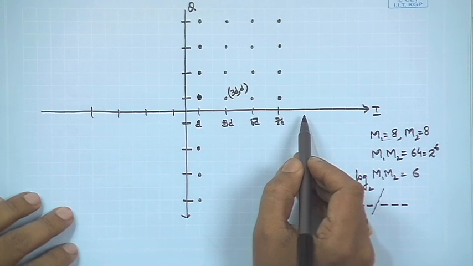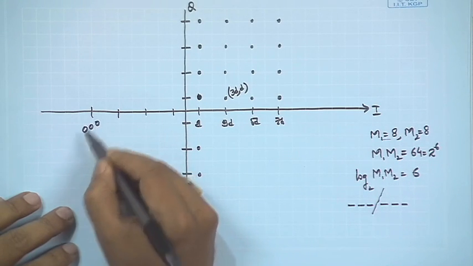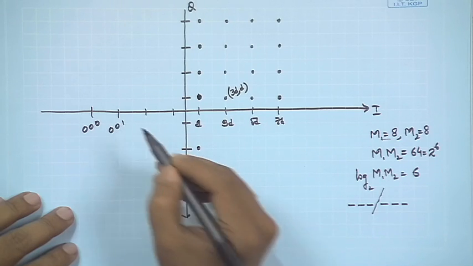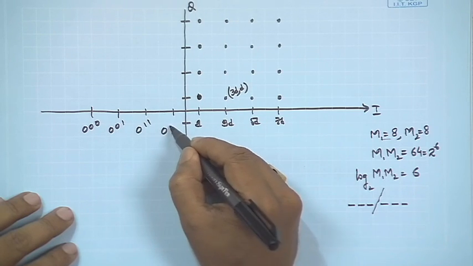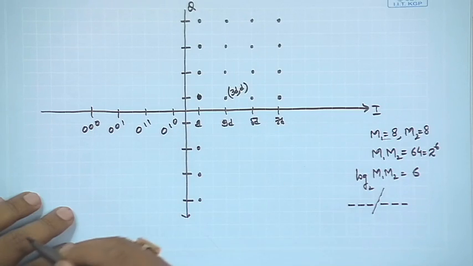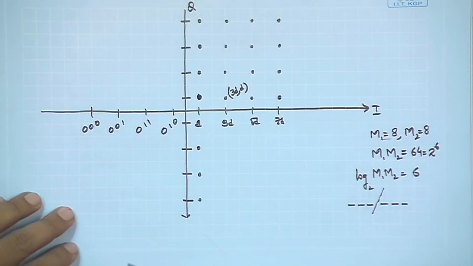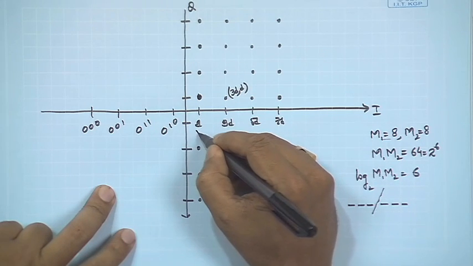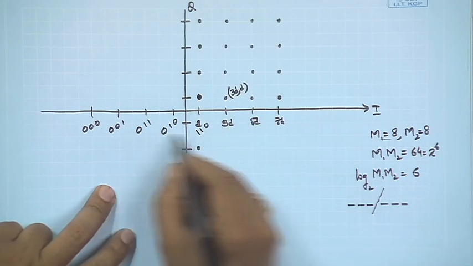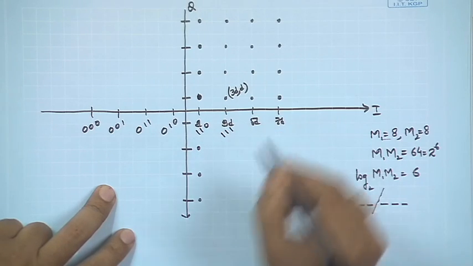If you do a gray coded constellation here, you could begin with 0 0 0, 0 0 1, 0 1 1, 0 1 0, and so on. You could also do a gray coded mapping on this axis, so one could have 1 1 0 going from there, and then go to 1 1 1, and so on.